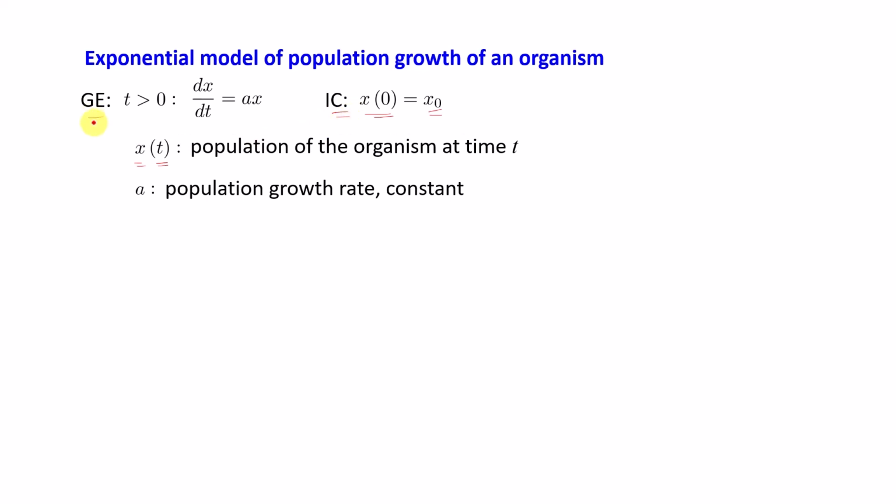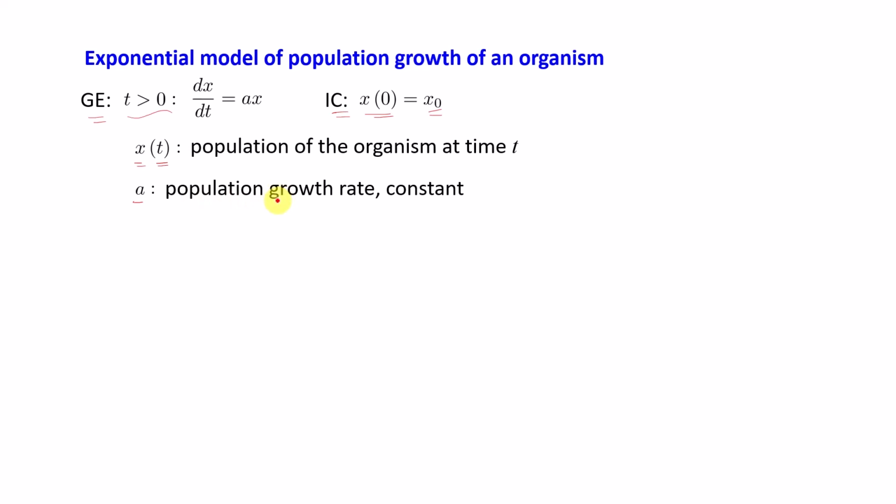The governing equation tells us that as time progresses, the population x will be given by the differential equation dx/dt equals ax. Clearly, this is an initial value problem. Here a is a constant which is called the population growth rate.